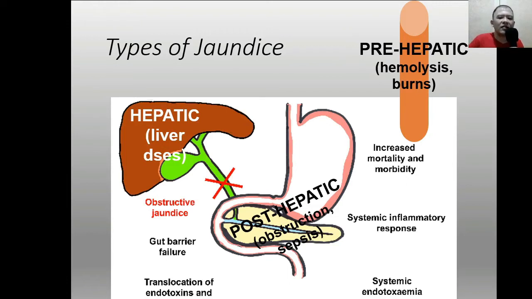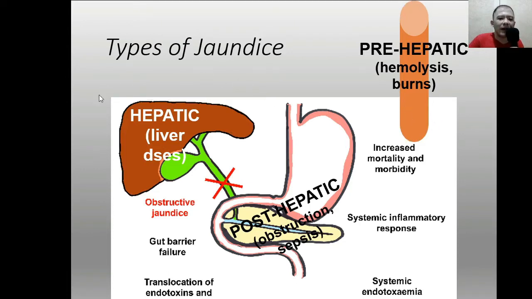So here is an illustration that pictures out the different types of jaundice. You have prehepatic, so this is increased indirect or unconjugated bilirubin.